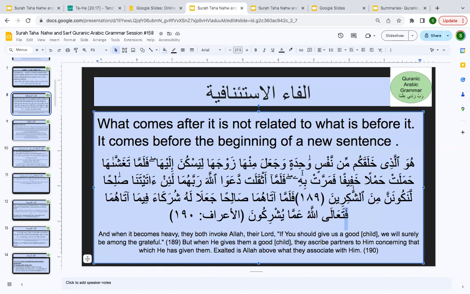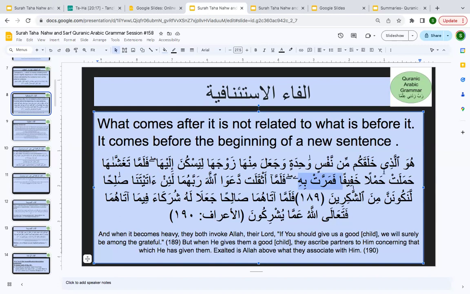189 has atf. Okay, falamma. So this one, are you talking about this one? Falamma askalat? Or which one? Okay, falamma famarrat bihi. Yes, that's absolutely right, that you are seeing. There is something, hamalat hamlan khafifan famarrat bihi.